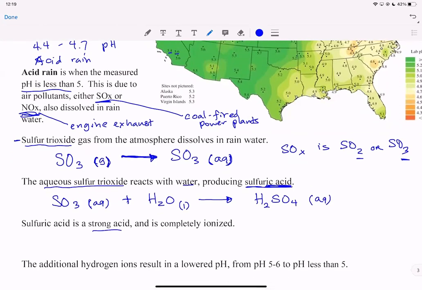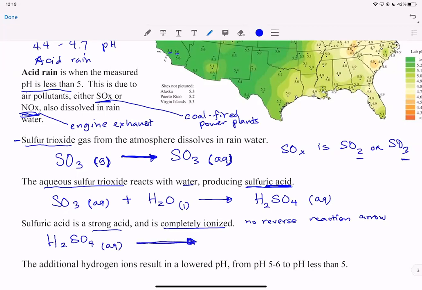So sulfuric acid is a strong acid. And as we saw in the last lecture, strong acids are completely ionized. So compared to weak acids, there is no reverse reaction arrow. Completely ionized means that you have the chemical formula of the acid, H2SO4, and you only have a forward arrow.